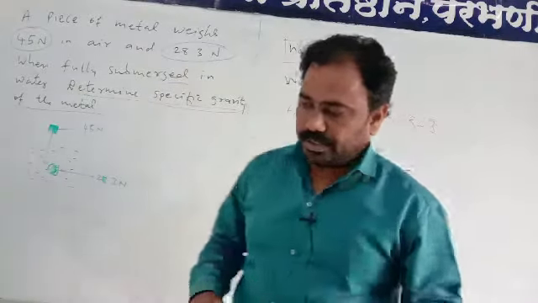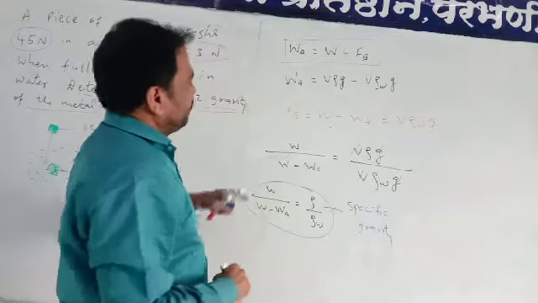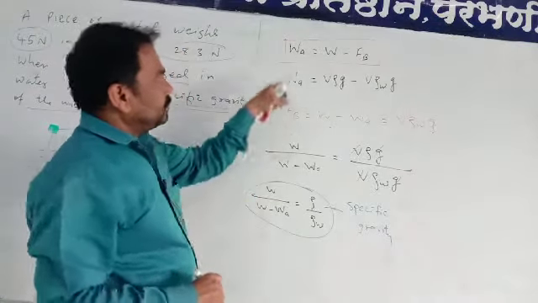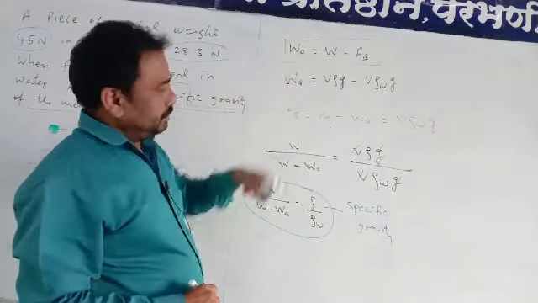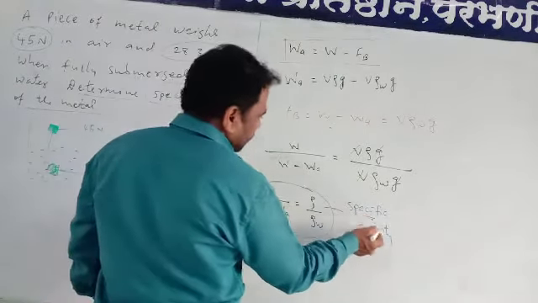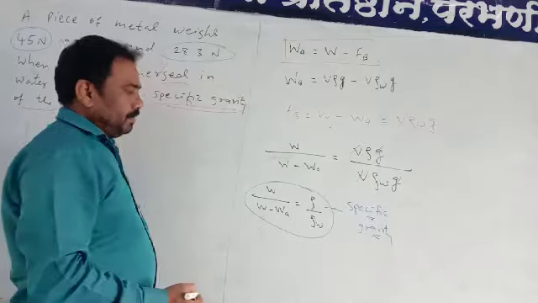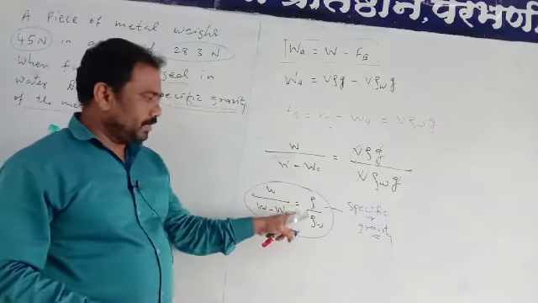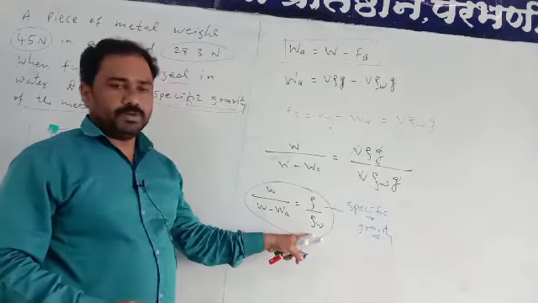Keep in memory the buoyant force and apparent weight. Using these concepts, specific gravity is W upon W minus W_A, equal to rho upon rho_W.